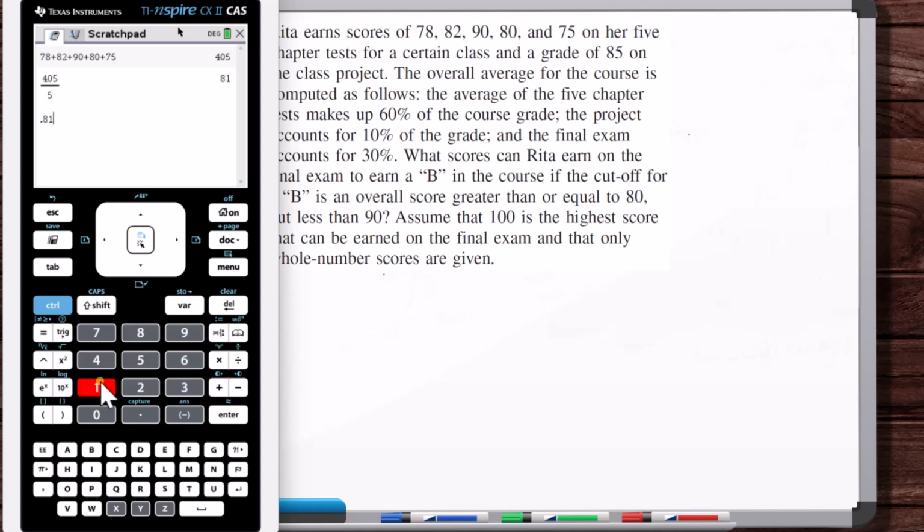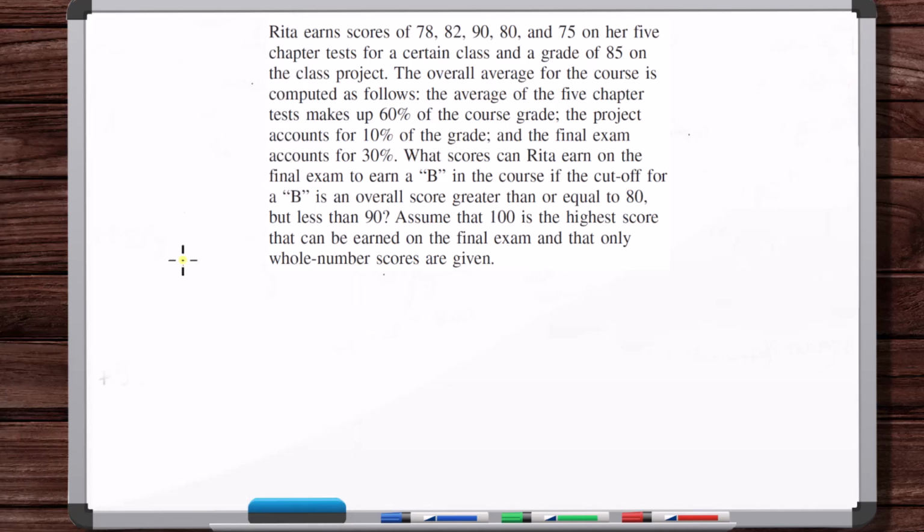She has 81% of that 60, which is 48.6%. That's the chapter tests. Okay? So, she's trying to get at least 80%.